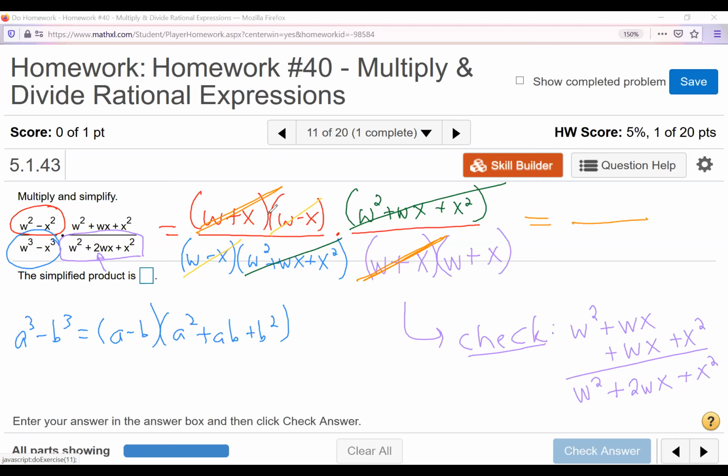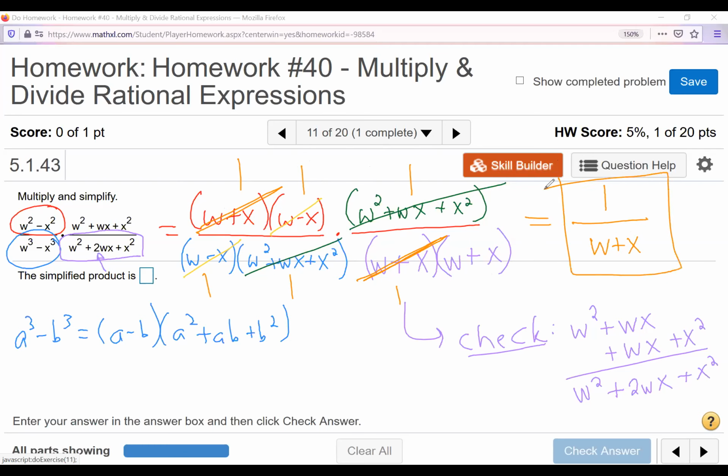So that might feel like there's nothing there, but there's not nothing. Remember, each time we cancel out common factors, it's because anything divided by itself is equal to 1. So really, our numerator is just 1 times 1 times 1, which is 1. Meanwhile, in the denominator, 1 times 1 times 1 times w plus x, that leaves us with w plus x in the denominator.